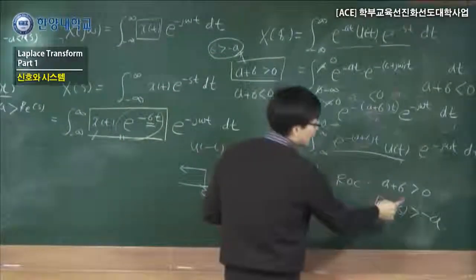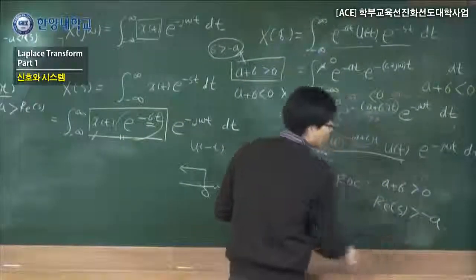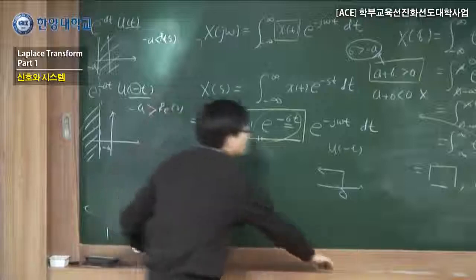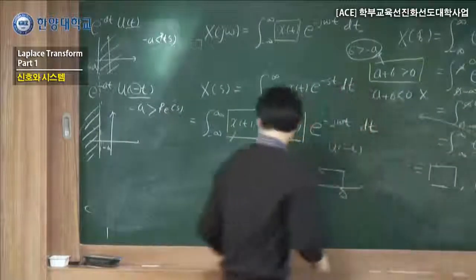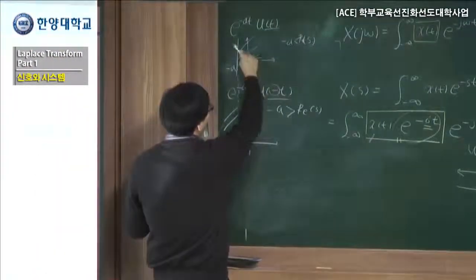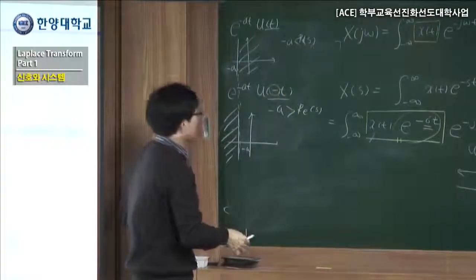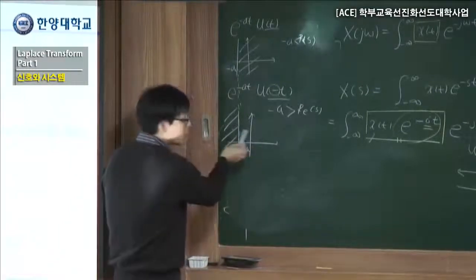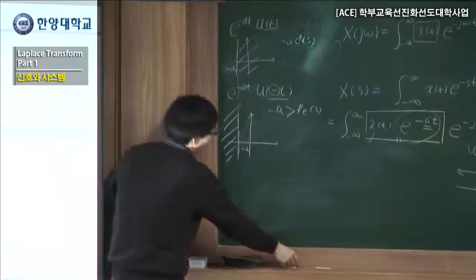So to get a plus delta negative, we want the region of convergence smaller than those a. For the white case, we want the region of convergence larger than minus a. By simply switching this, we want to have smaller than this a.